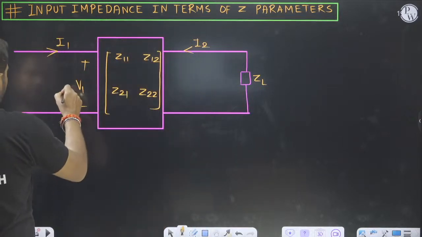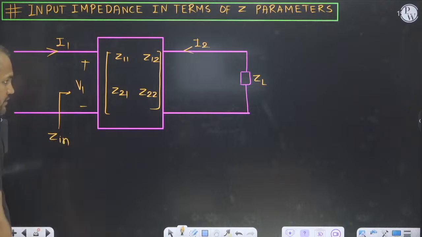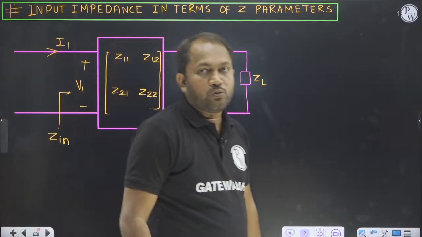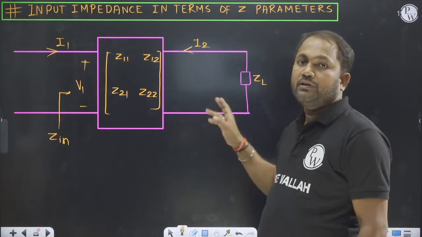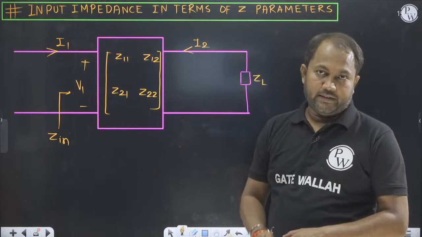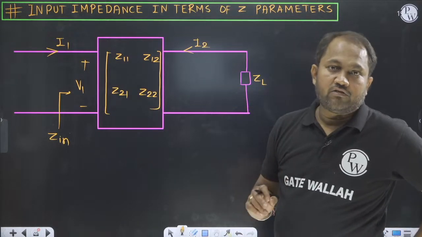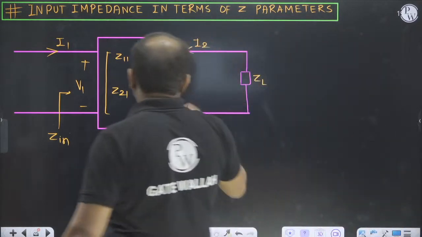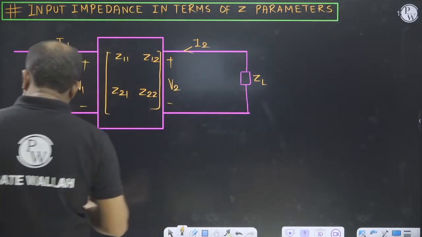Input impedance problem is that here they are asking Zin. So Zin will not be equal to Z11, because Zin will be equal to Z11 when ZL is equal to infinite. When ZL is equal to infinite, then Zin is equal to Z11. If ZL is not infinite, then Zin is not equal to Z11. Try to understand.